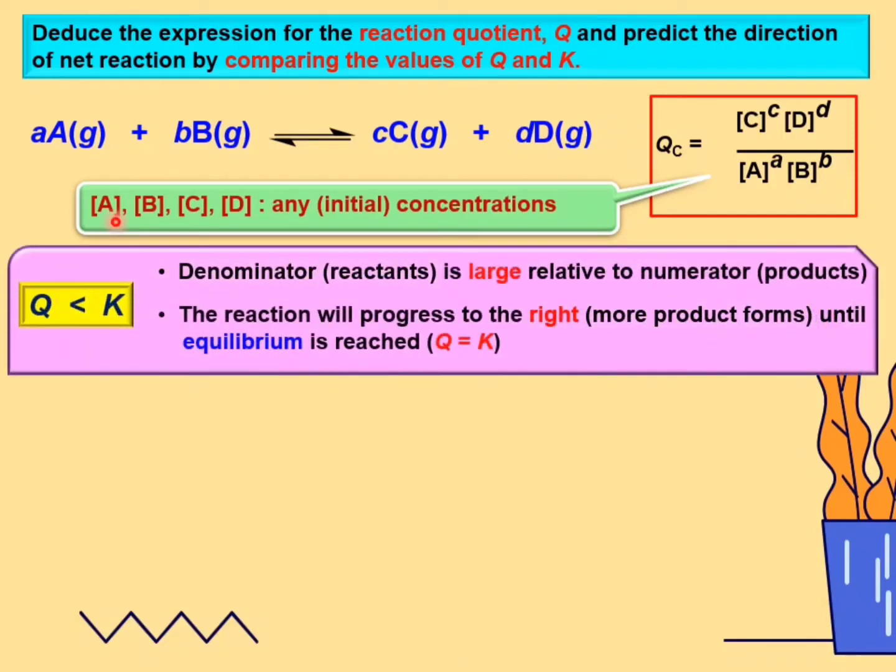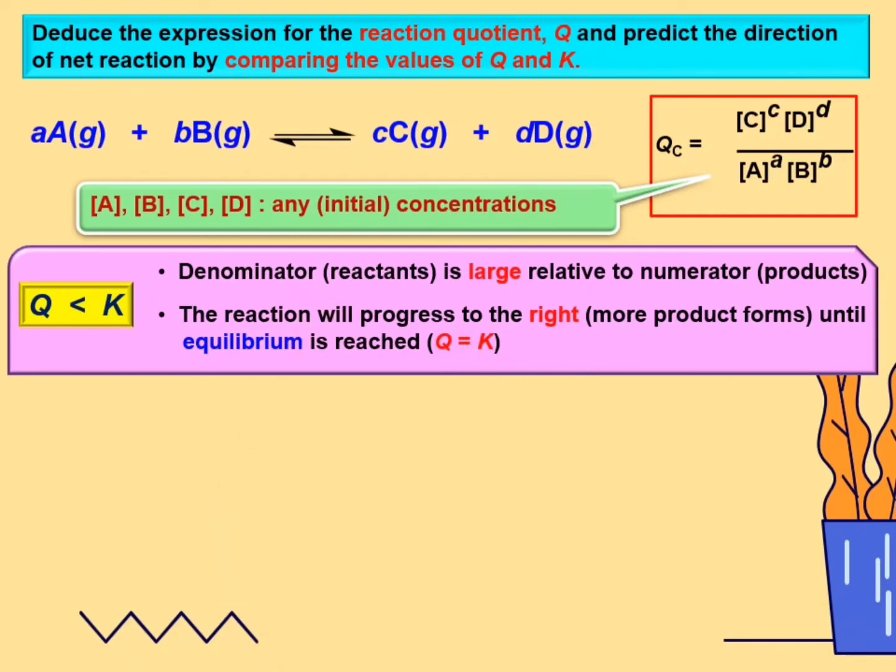Okay, if you calculate the value of Q, then you compare with K, you dapati Q less than K. Okay, the value of Q less than K, it means that the denominator, which is the reactant, is large relative to the product. So the reaction will progress to the right, it means that it will produce more product until the equilibrium is reached. Equilibrium reached when the value of Q equal to K. Macam ni lah kelas. Okay, contoh.